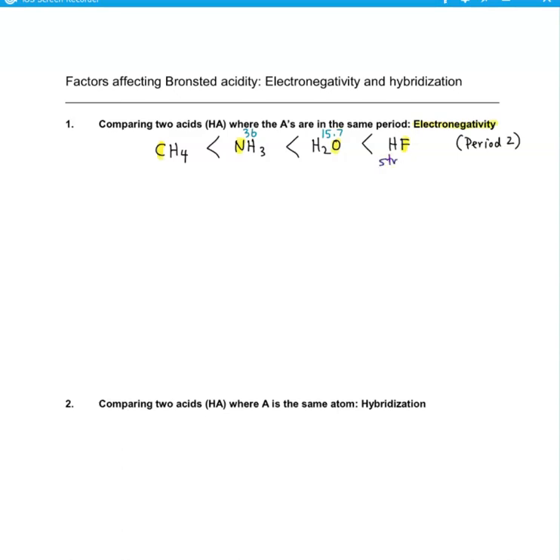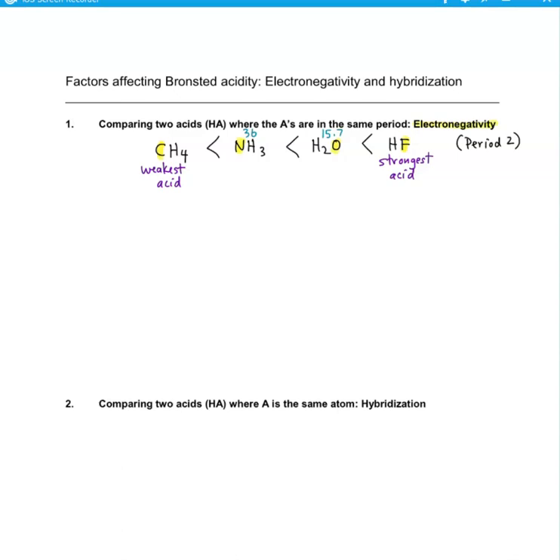So HF in this set is the strongest acid, and CH4 or methane is the weakest acid in this set. Now, does that mean that HF is a strong acid? No, it just means that it's stronger than any of the other acids in this set. Actually, HF itself is a weak acid. Just happens to be the strongest one here.